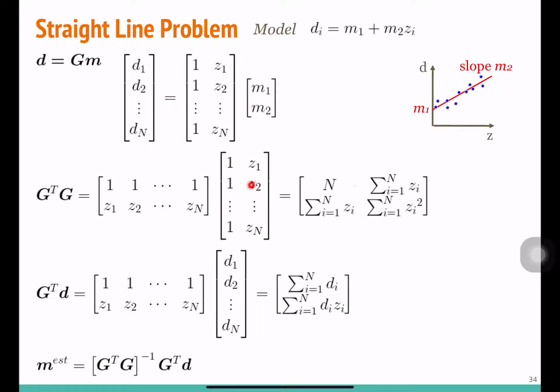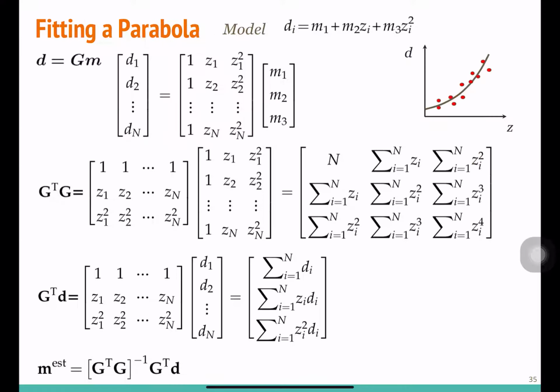If we have done the dot product for these 2 matrices, this is the result, so this is how we do the problem by hand, and then we have the estimated model parameters in here.